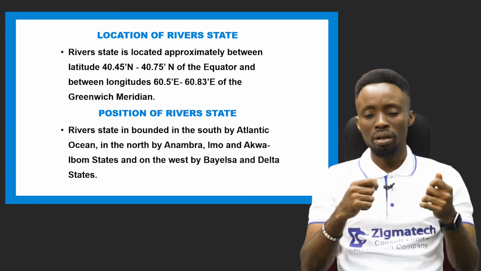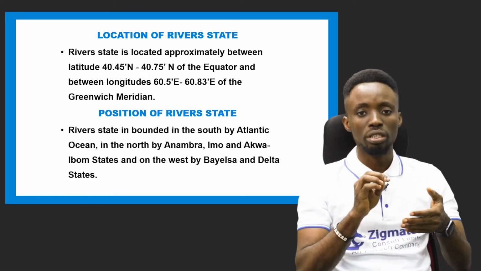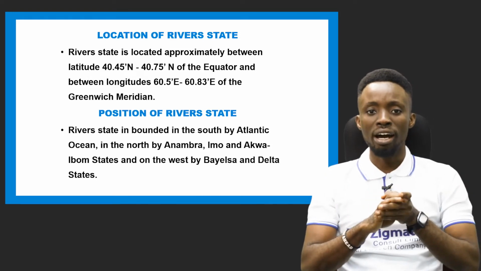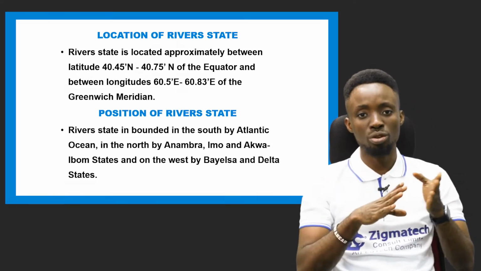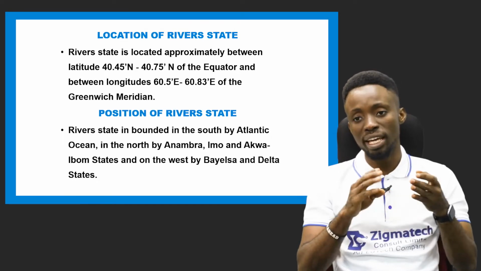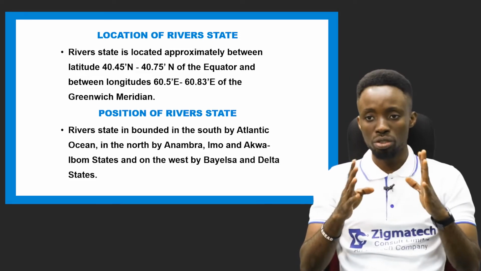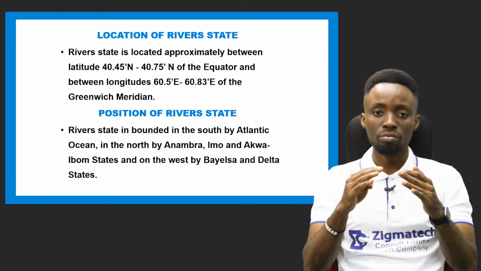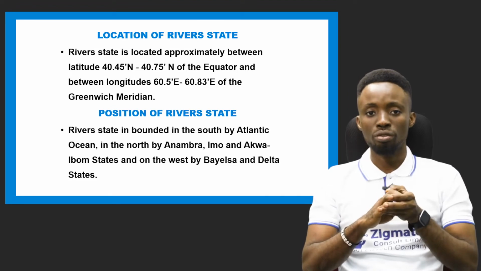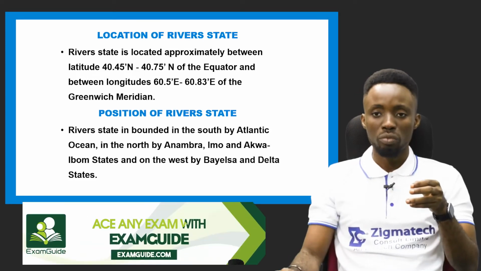So in Rivers State, we have to the south the Atlantic Ocean, to the east we have Akwa Ibom State, to the west we have Bayelsa, and right above it we have states like Anambra and Imo at the northern region of Rivers State. And also in the northwest of Rivers State we have Delta right there.